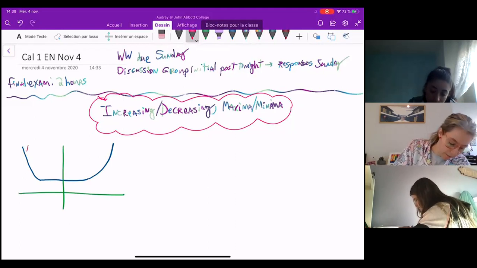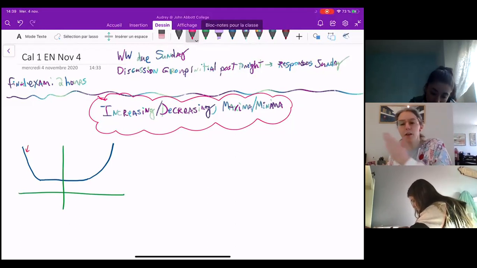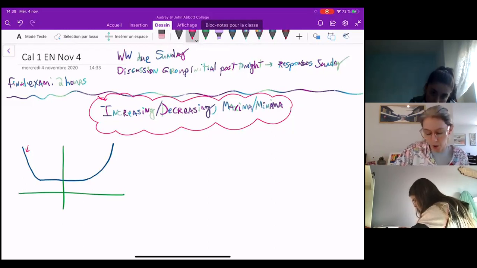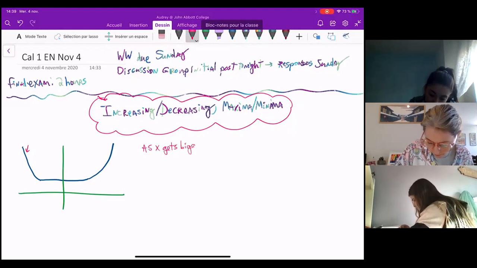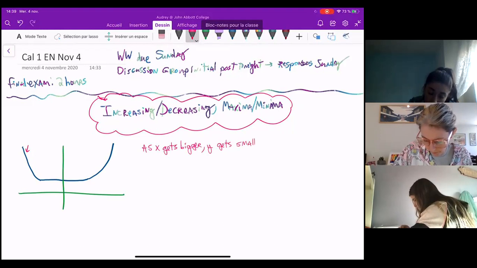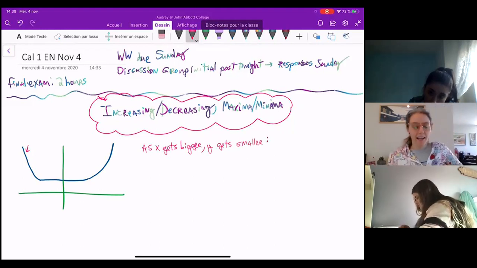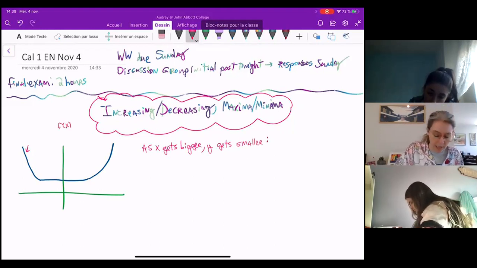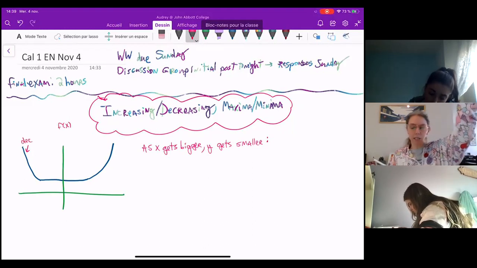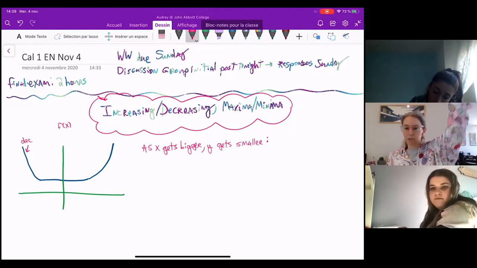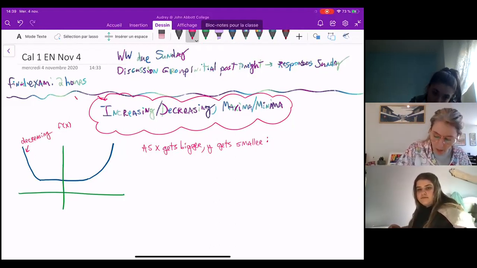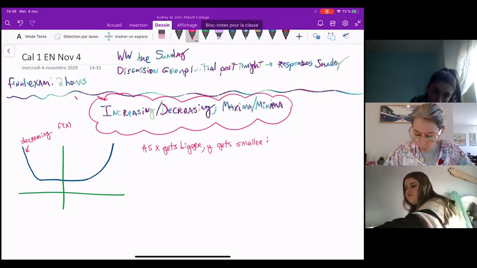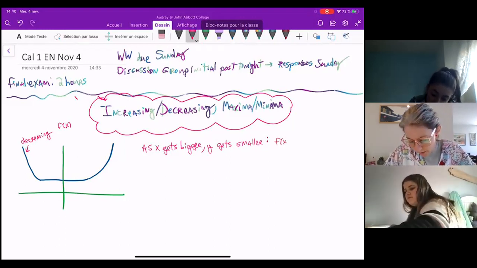This part right here, where as my x values get bigger, y gets smaller, we say that f of x is decreasing. And so it kind of makes sense. It's going from left to right down. We say that the function is decreasing there. So as x gets bigger, y gets smaller, we say f of x is decreasing.